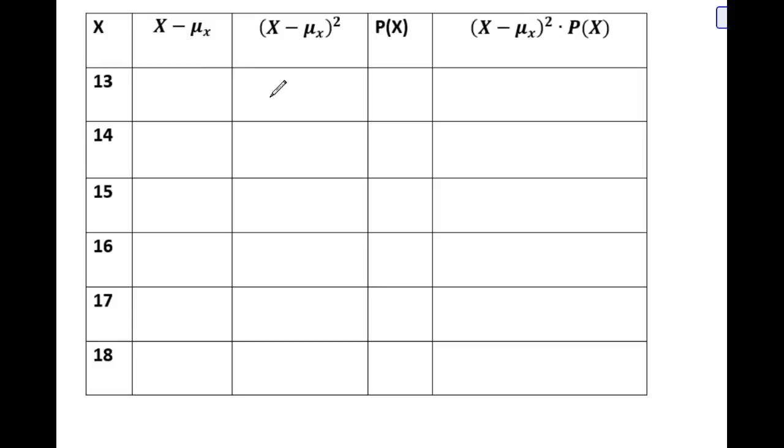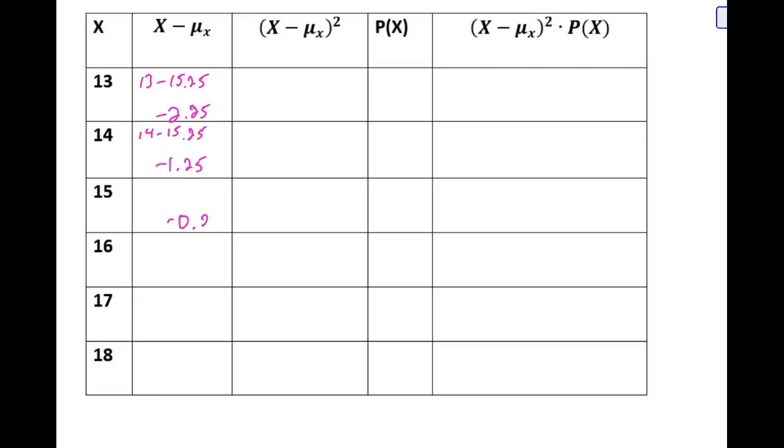Here I'm going to take 13 minus 15.25, and that gives me negative 2.25. I'm going to do that all the way down. So 14 minus 15.25 gives me negative 1.25.